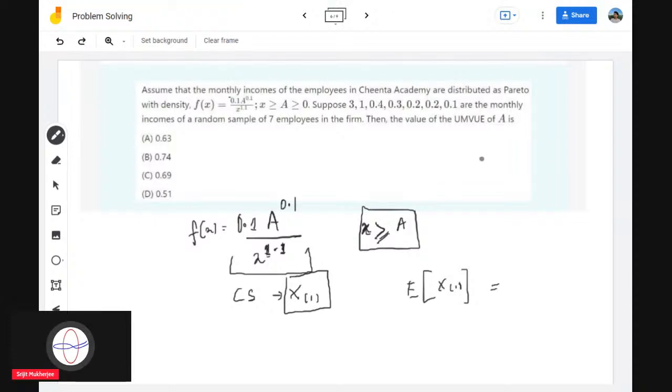So the Pareto distribution is alpha times a to the power alpha by x to the power alpha plus 1, as far as I can see. So we have put alpha equal to 0.1. But the thing is that the mean is turning out to be infinity for this case. Can you just check it's turning out to be infinity? So I think this question is not right. If it was 1.1 and 2.1 here, then the mean would have been defined.